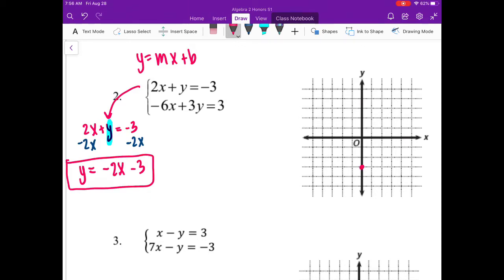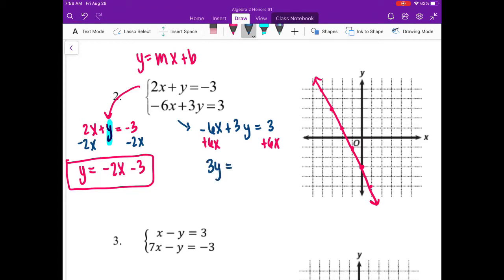Start down 3 on your y-axis, and we're going up 2 and to the left 1. We're going to connect our dots. Second equation. I want to add 6x to both sides. So I get 3y equals 6x plus 3. In order to get the y by itself, I want to divide everything by 3. So now I have y equals 2x plus 1.